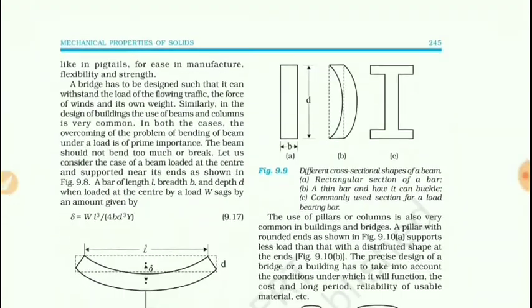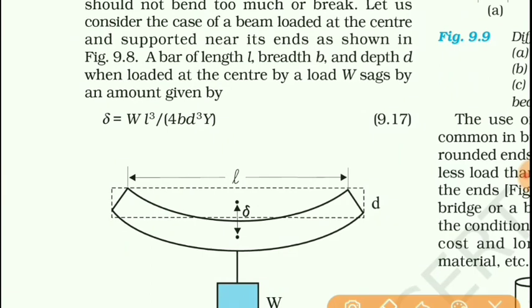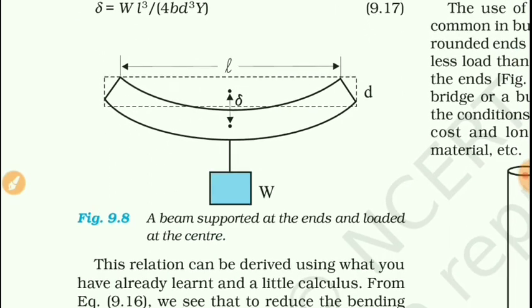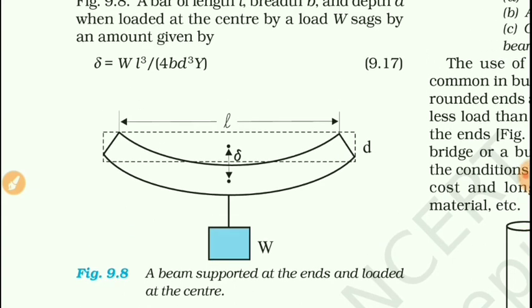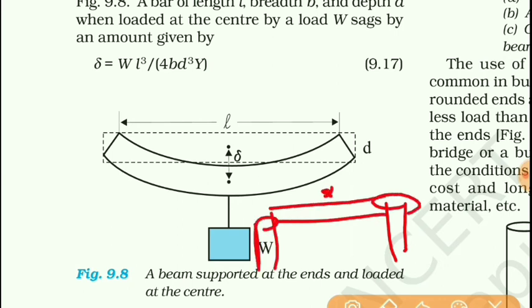Then, given that for the construction of a bridge, we know that bridge is constructed in such a way that the heavy vehicles which are passing over the bridge, that part, that slab has to remain stable, it should not bend in this way.